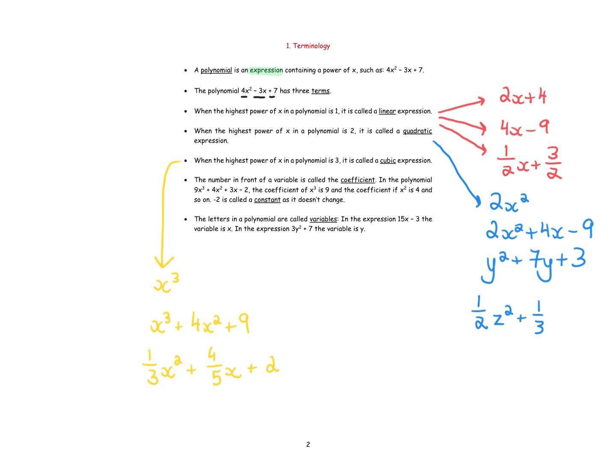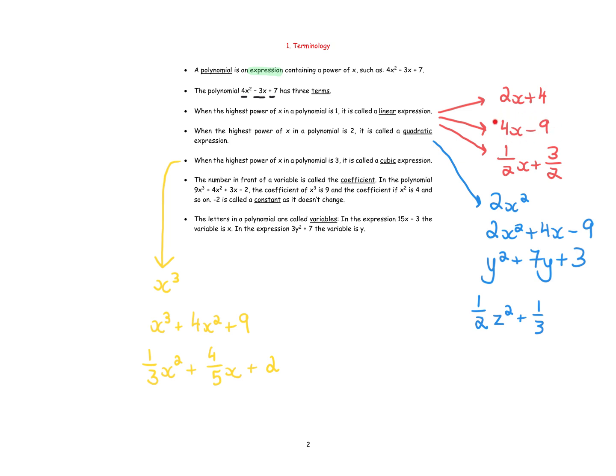In the polynomial 9x cubed plus 4x squared plus 3x minus 2, the coefficient of x cubed is 9 and the coefficient of x squared is 4, and so on. Looking at some of the expressions that we have here, looking back at the 2x plus 4, the coefficient of x is 2.